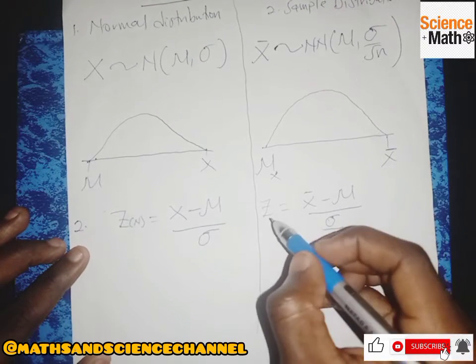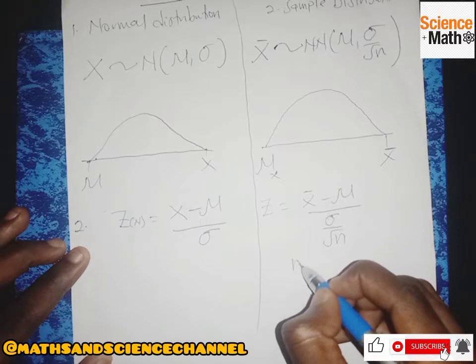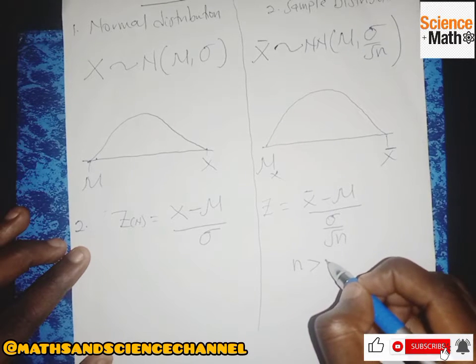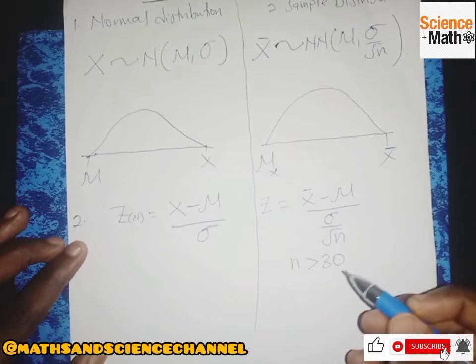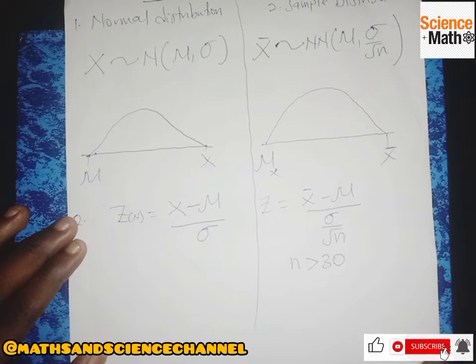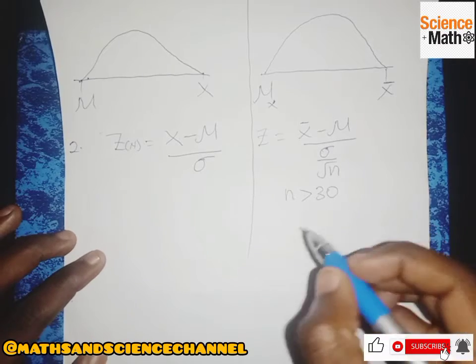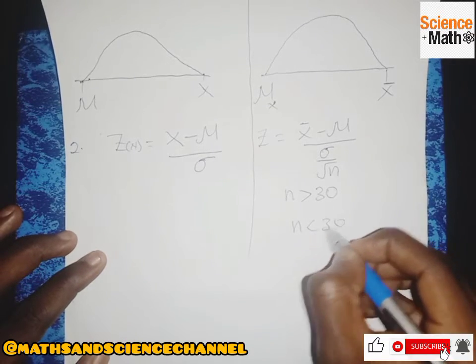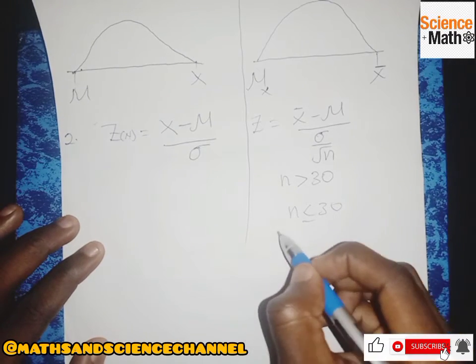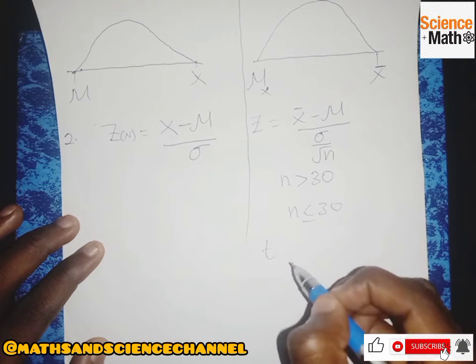And then most of the time we use z when n is greater than 30. When the number of samples we are given is greater than 30, we use z. But in the case where n is less than or equal to 30, we use what we call the t distribution, or the t-score.